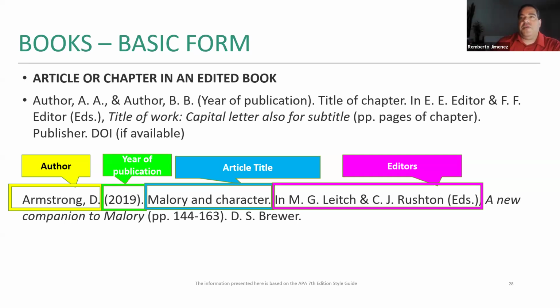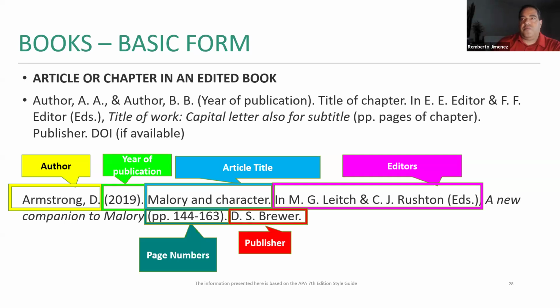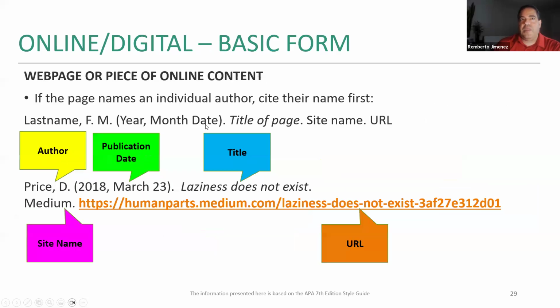So you have to include them here. And then you have the page number along with the publisher. But you also put in the title, which I didn't capture here from looks of it. Oh, there we go. The title, there's the book title, and then there's the article title. So you have to make sure that you know where things are.